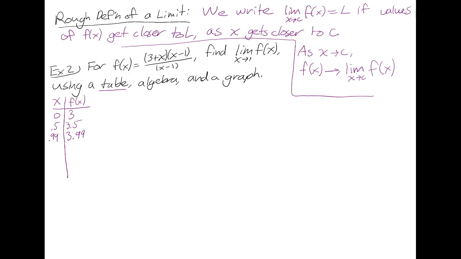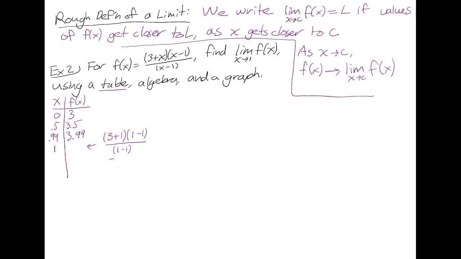What happens if you actually plug in 1? Plugging in 1 gives you f of 1 is 3 plus 1 times 1 minus 1 divided by 1 minus 1, which works out to be 4 times 0 divided by 0.